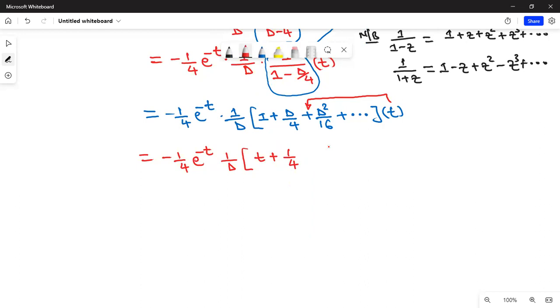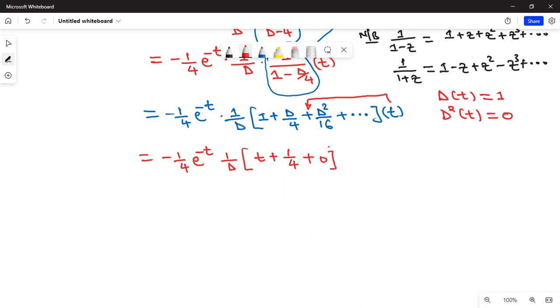The derivative of 1 is 0. So take note that the derivative of t is equal to 1, and the second derivative of t will give you 0. So even the higher order terms will give us 0.